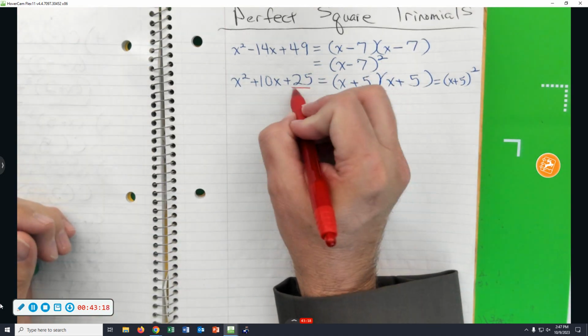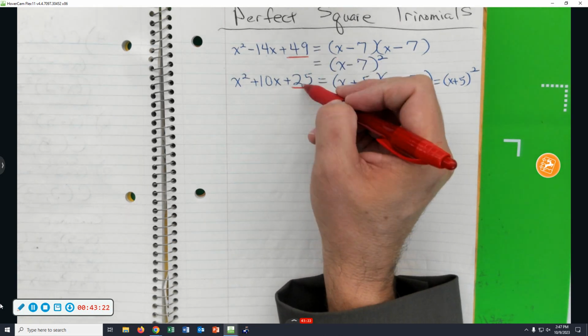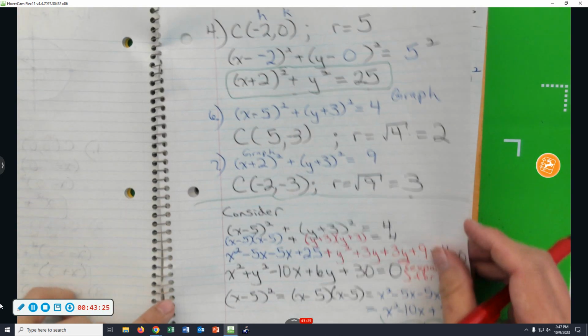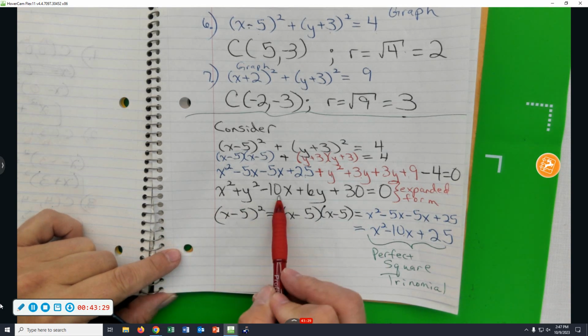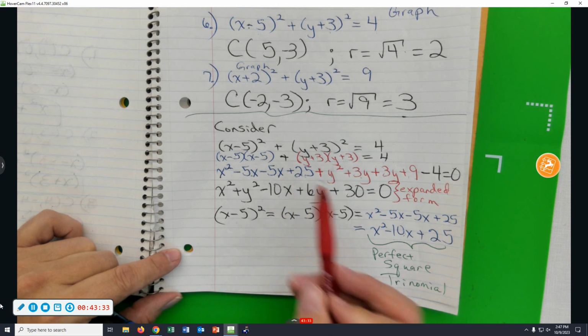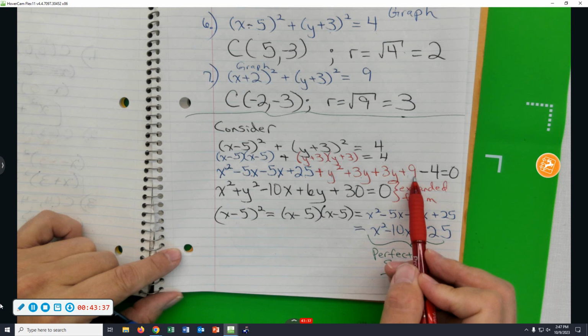This is the number that's going to be missing. In expanded form, those special numbers are the things that are wrong. Notice, once it's expanded, you have the x squared, you have the minus 10x, but I don't see that 25 appearing. You have the y squared plus 6y, I don't see the positive 9.